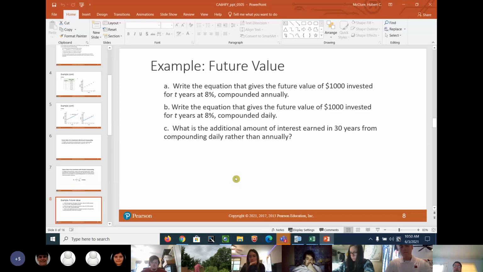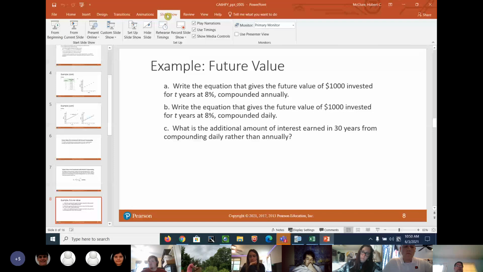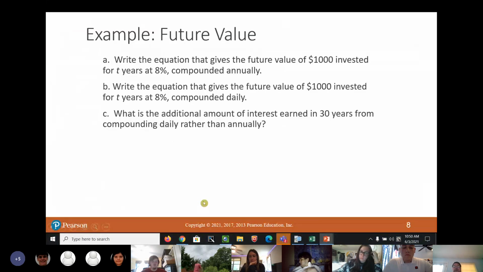All right. So let's go ahead and do this one. I'll blow it up so y'all can see it. Write the equation that gives the future value of $1,000 invested for 2 years at 8% compounded annually. We're gonna change these.